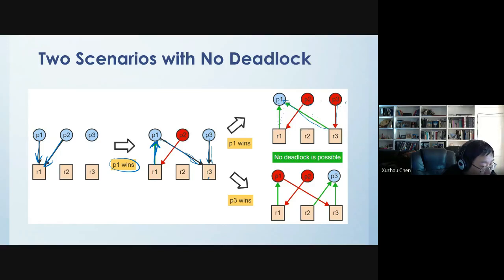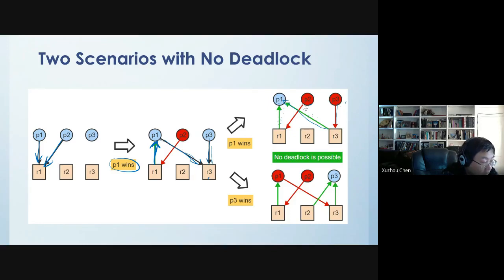Now, if the fighting result is different, and P1 gets R3, P1 can get both of the resources, and then P1 can continue the execution. It doesn't matter how long P1 is going to execute. Eventually, P1 is going to finish the job and release both R1 and R3. Then P2 and P3 can continue. So in that case, there's a waiting situation, but no deadlock situation.